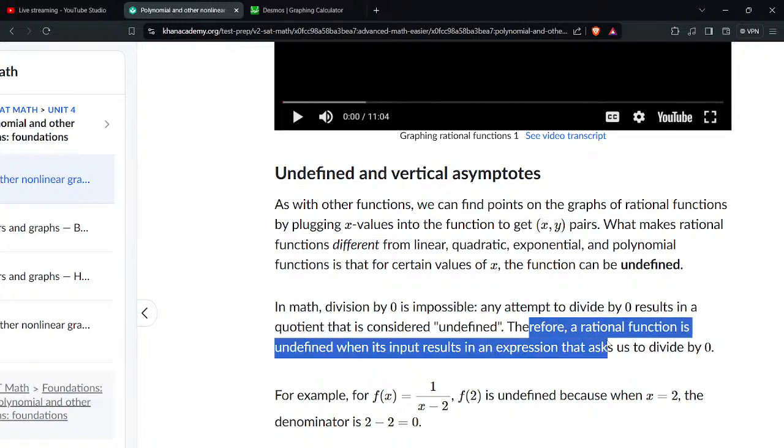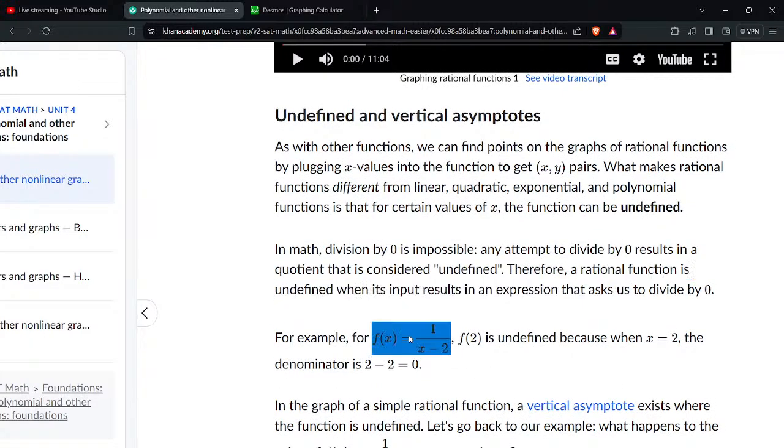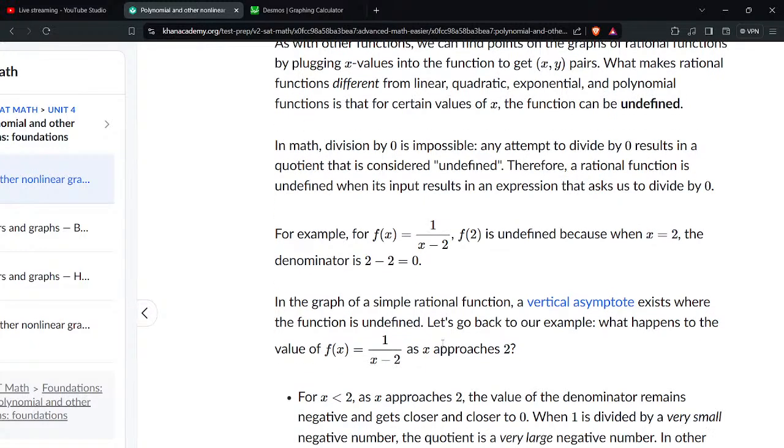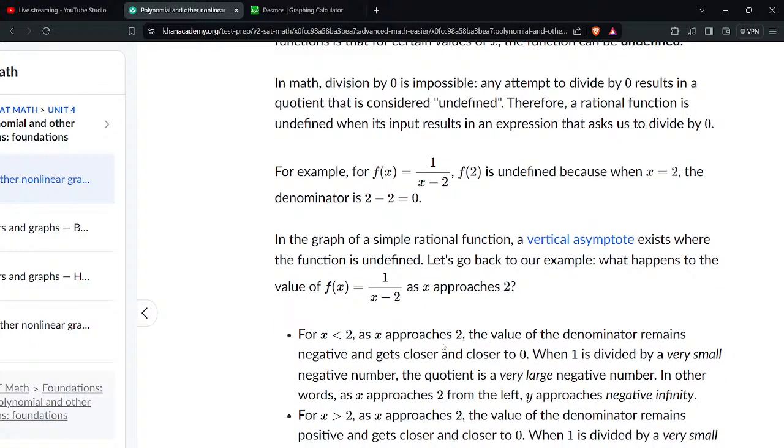Therefore, a rational function is undefined if its input results in a function that asks us to divide by zero. For example, f(x) equals 1 over x minus 2. f(2) is undefined because when x is equal to 2, the denominator is 2 minus 2, which is equal to 0. What is the value of f(x) as x approaches 2? It goes to infinity.